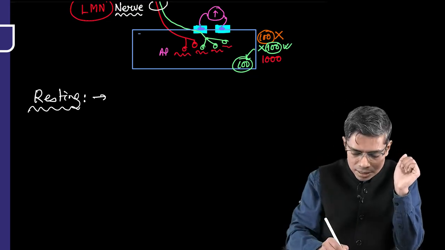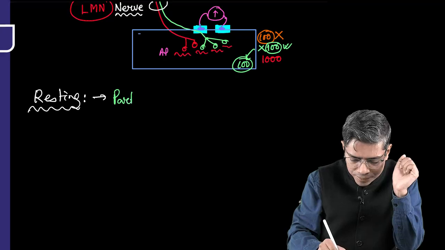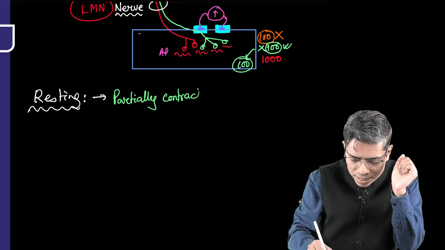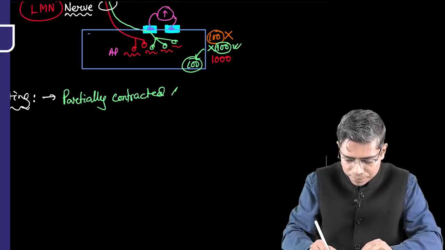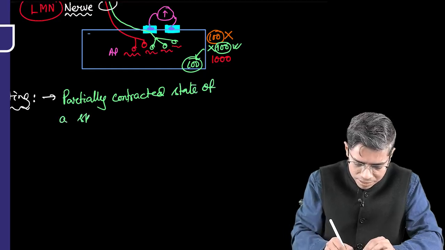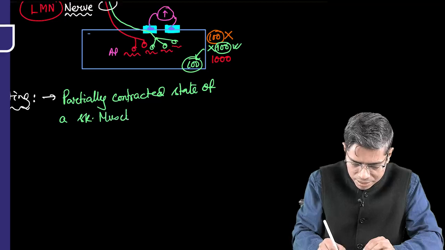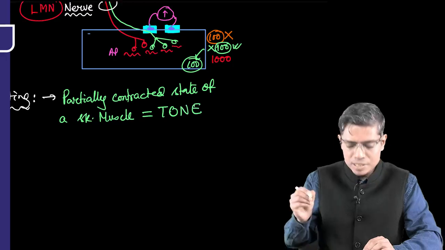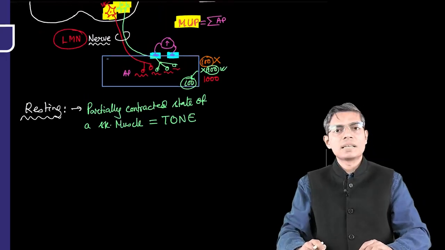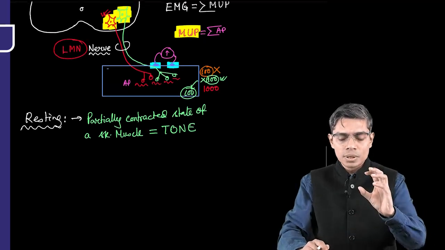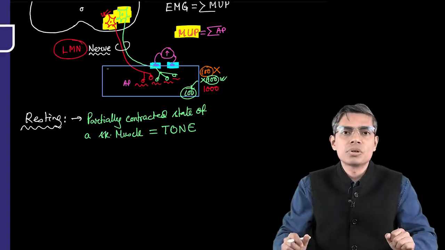Even in the resting condition, the partially contracted state of a skeletal muscle is known as muscle tone. So muscle tone is nothing but the partially contracted state of a skeletal muscle, and that is due to partial activation of some of the motor units.